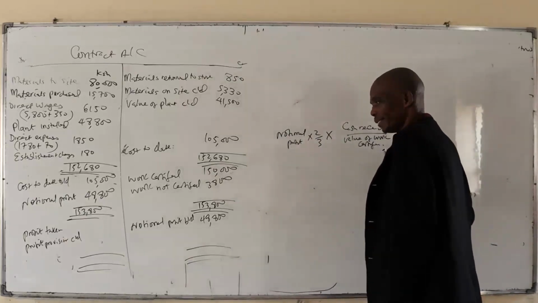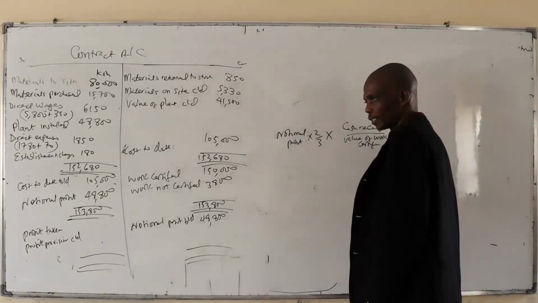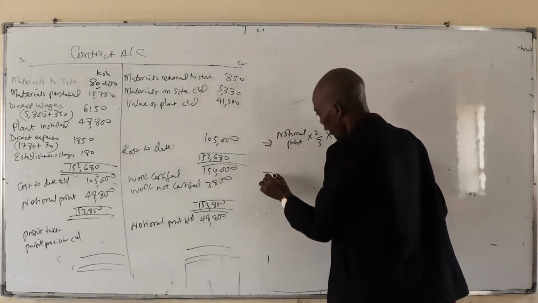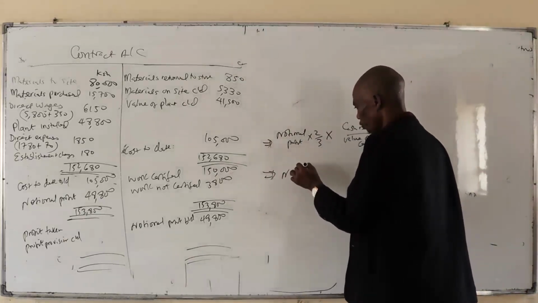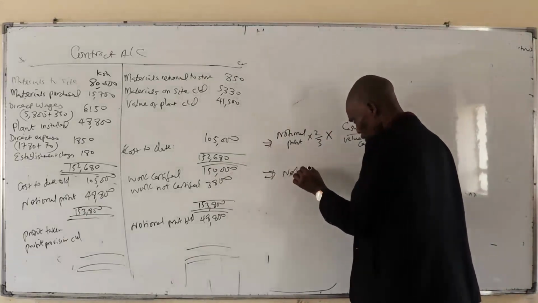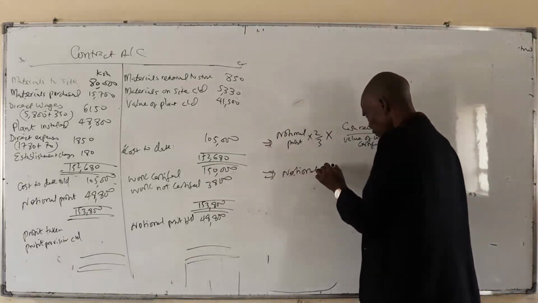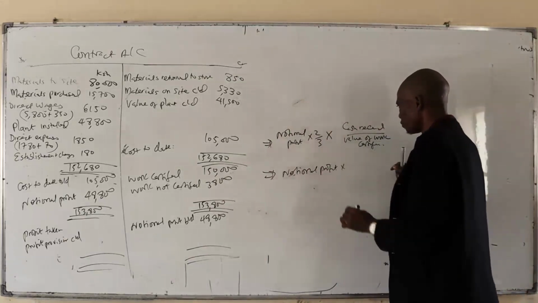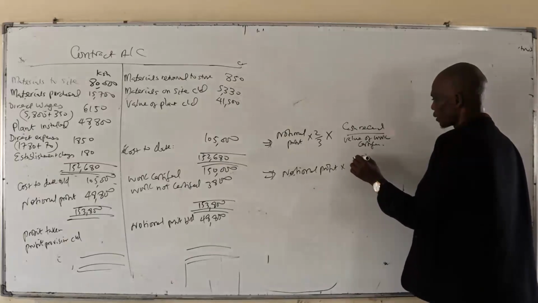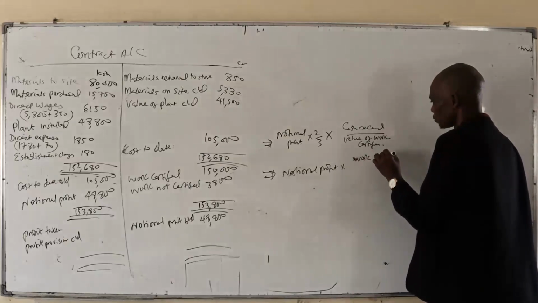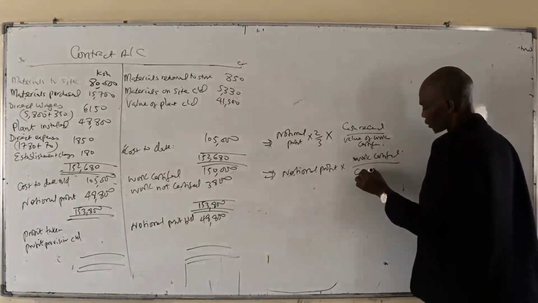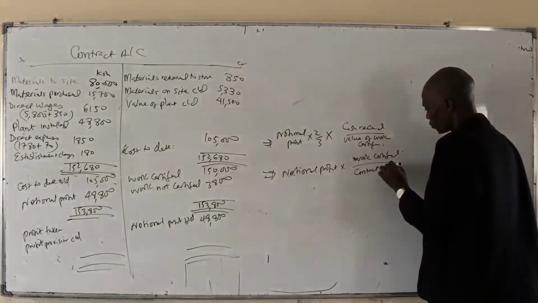But when it is nearing completion, like 75% and above, then the profit that we take is the notional profit times work certified over the contract price.